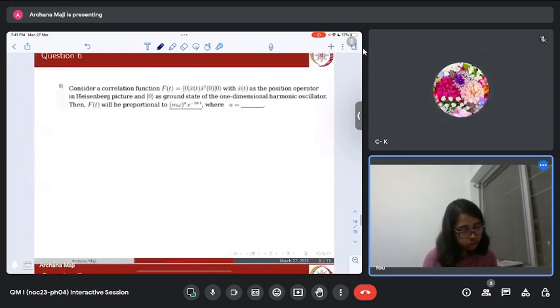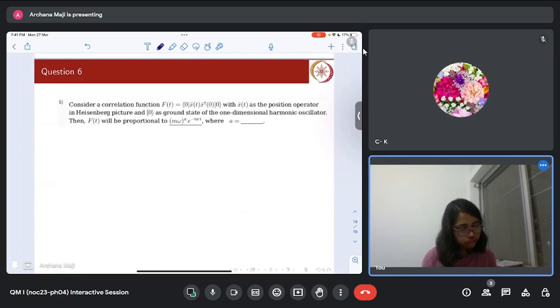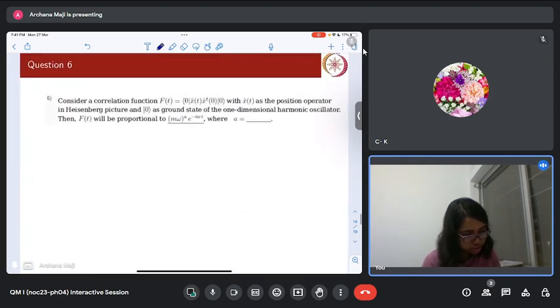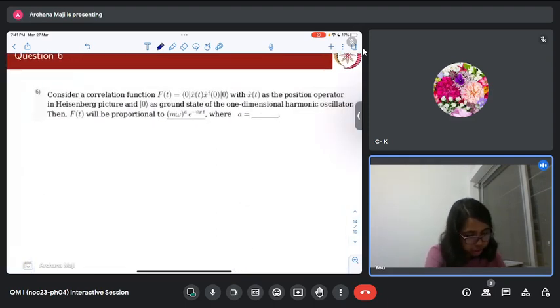Consider a correlation function f of t, that is this, with x of t as a position operator in the Heisenberg picture. |0> is the ground state of the one-dimensional harmonic oscillator. Then f of t will be proportional to (m omega) to the power a times exponential minus i omega t.